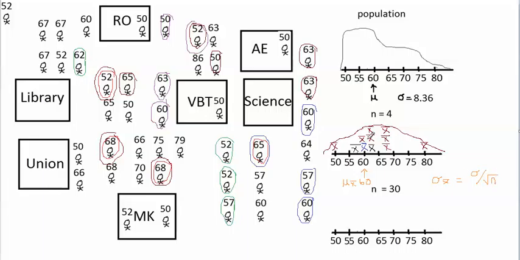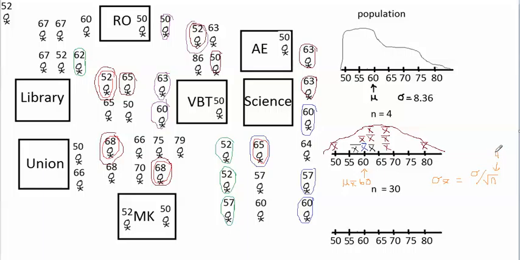Here we're talking about a sampling distribution of the means of all possible samples of 4 people. Each of these x bars is the mean of 4 specific people in the population. So that means that the sample size that we're dealing with is 4.